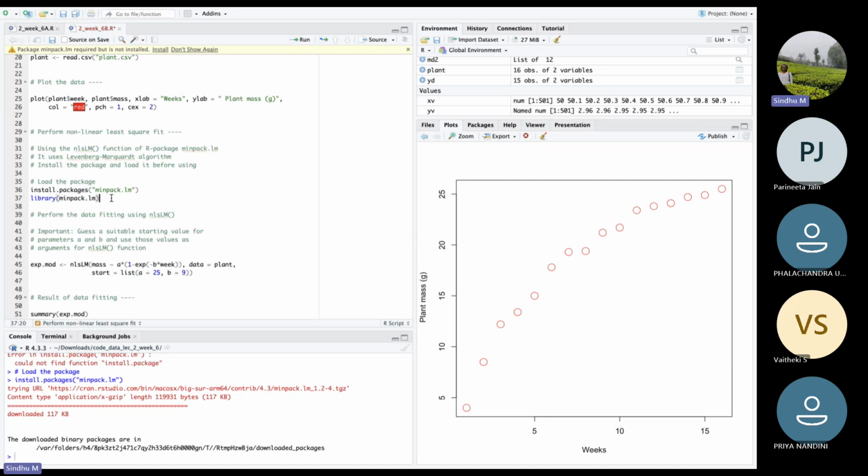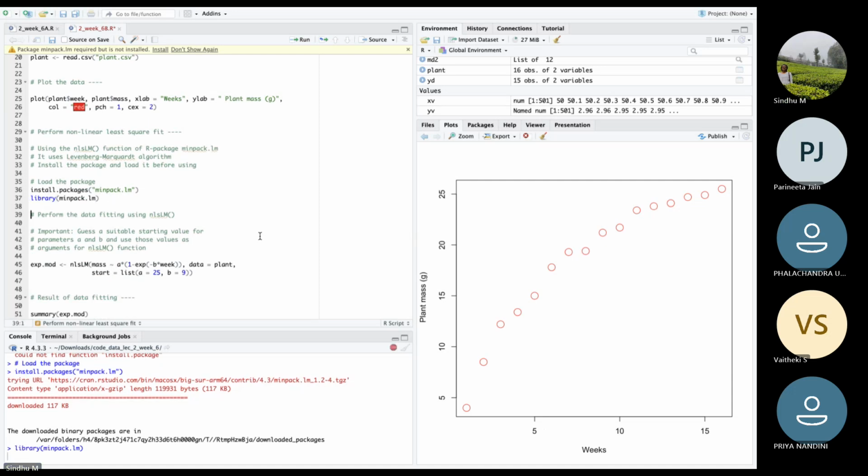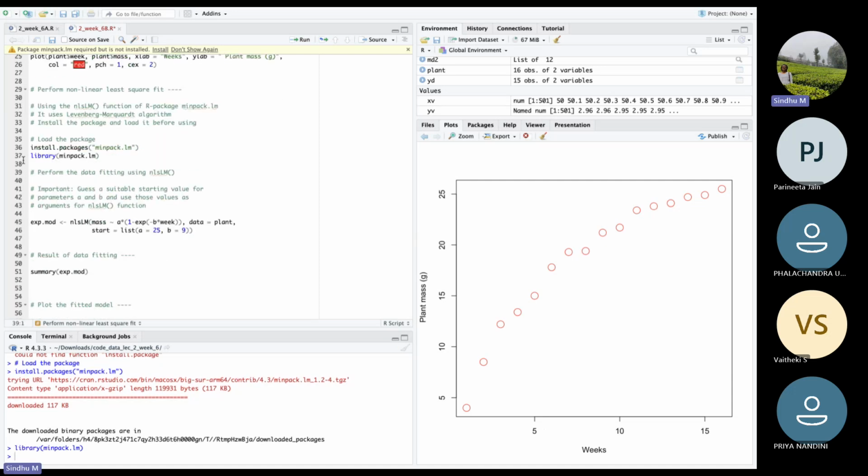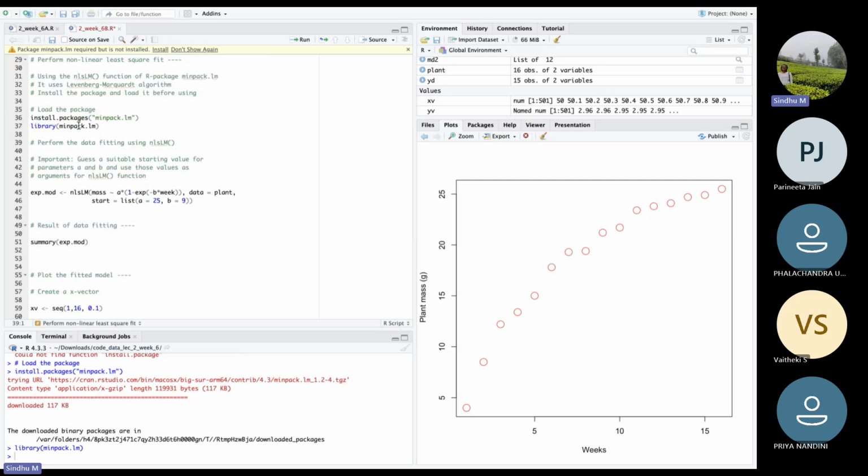Now we can load the package using this library function. And once we have loaded the package, we can use the NLSLM function. Again, this NLSLM function has a certain syntax that you have to use. The first input is the same, the dependent variable that we are trying to fit, that is mass.